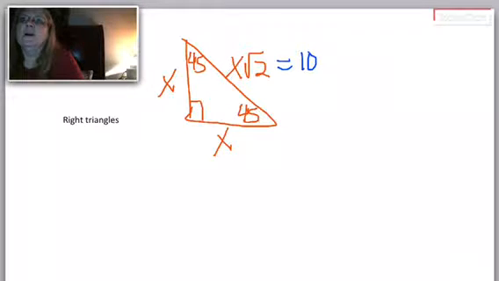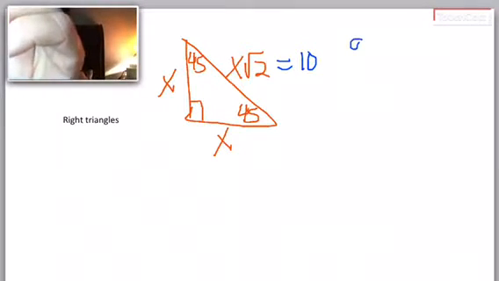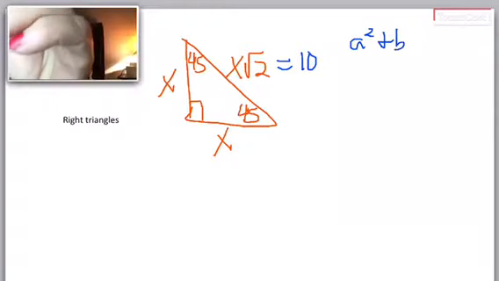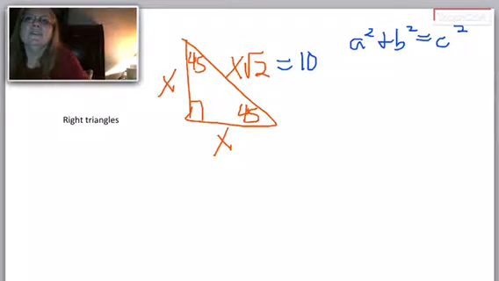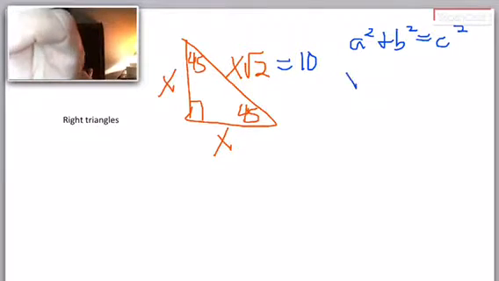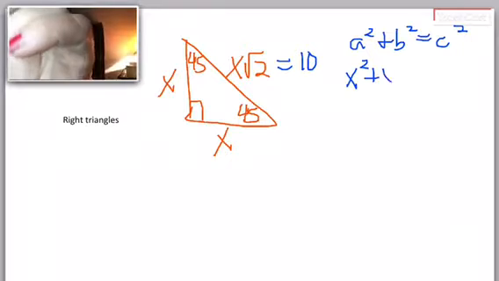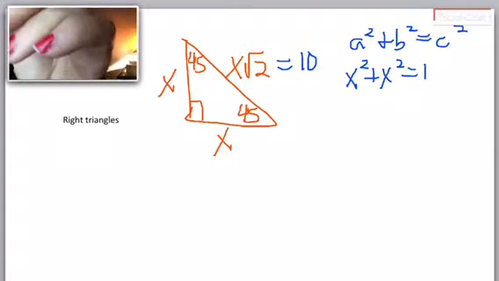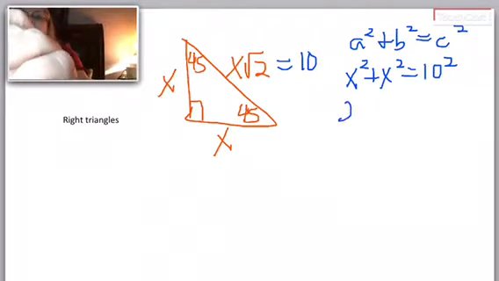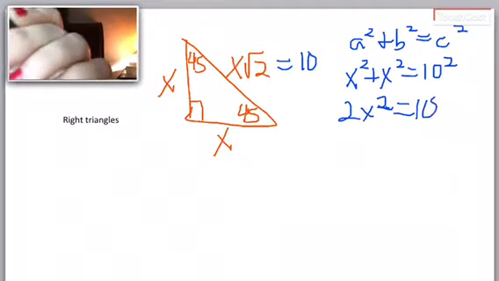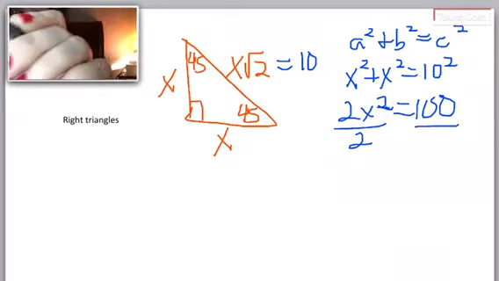Okay, so the Pythagorean theorem is a squared plus b squared is equal to c squared. But in this case, a and b are both the same, they're x. So I'm going to call this x squared plus x squared is equal to 10 squared. So you can say 2x squared is equal to 100. Divide both sides by 2.